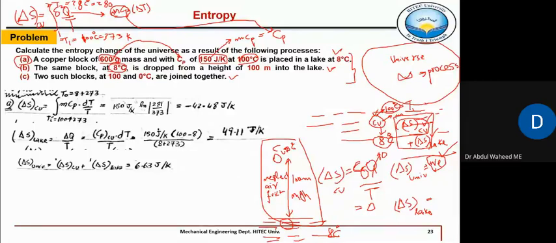When it strikes this lake, energy will be transferred to the lake. The energy of this copper ball will be transferred to the lake. But in what form? Here it was in the form of work, maybe you can say, because there was no heat content in it. But when it transfers its energy to the lake, there will be some vibrations produced inside this lake due to the hitting of this copper ball.